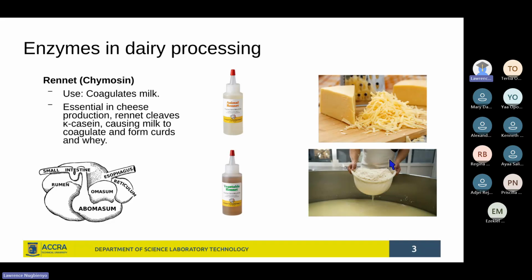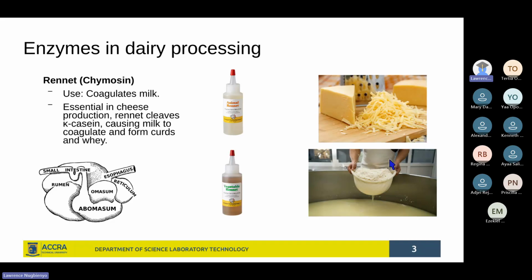And so actually in the past, people who were producing cheese, across Europe domestically, were making use of the stomach secretion of the young calves of these ruminants.